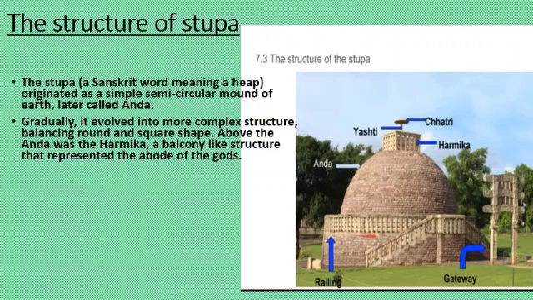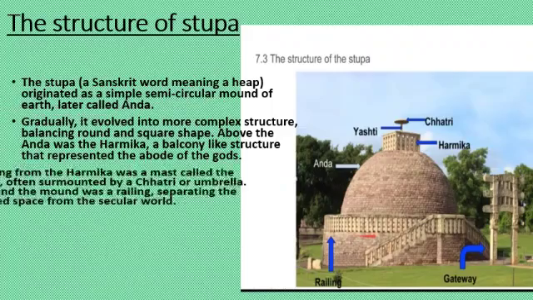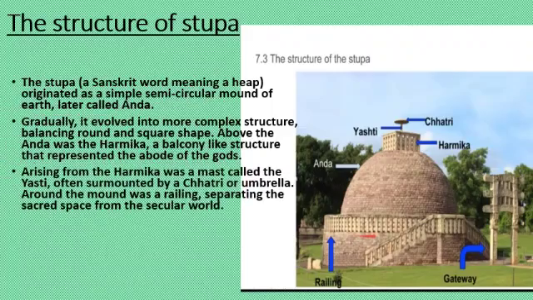See in the picture, a balcony-like structure that represented the abode of the gods. Abode means house, house of the gods. Arising from the Harmika was a mast called the Yasti, often surmounted by a chhatri or umbrella. Around the mound was a railing separating the sacred space from the secular world.